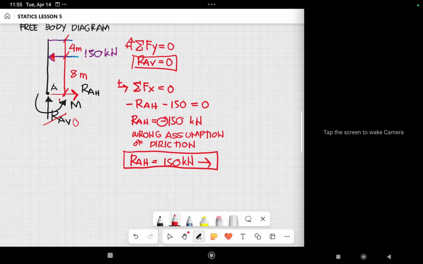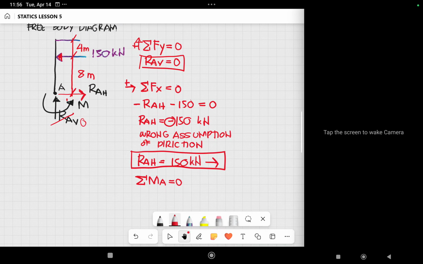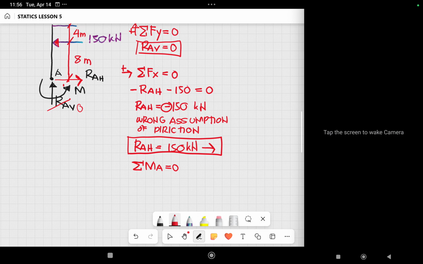And then lastly, summation moment. Summation moment at A equals 0. Unahin na natin.